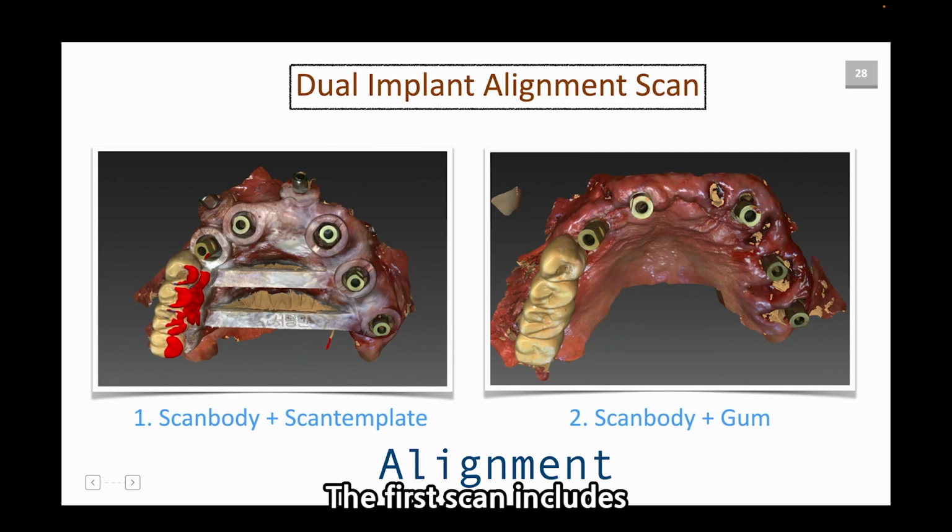The first scan includes the scan template and scan bodies, and the second scan includes the gums and scan bodies. Now we can use the template scan to determine implant coordinates. With the gum scan, we can determine gingival height.